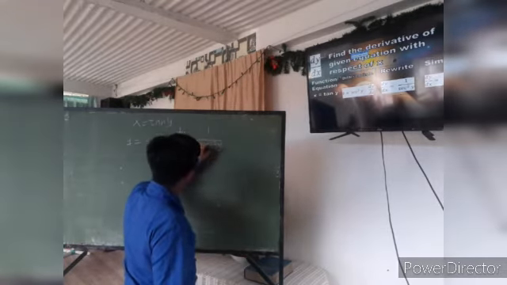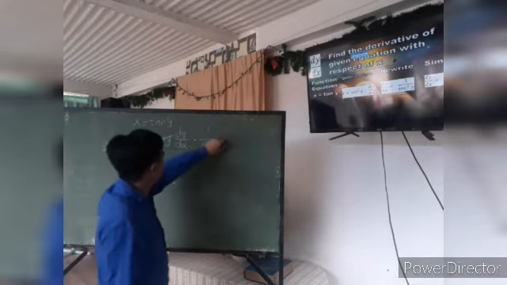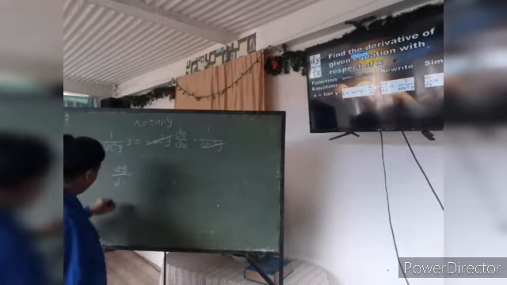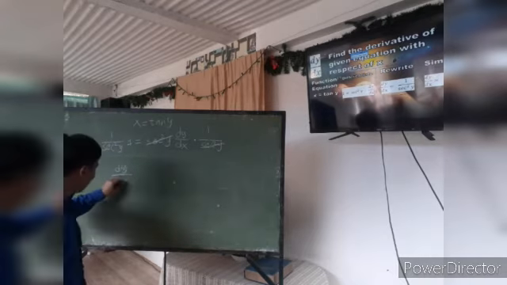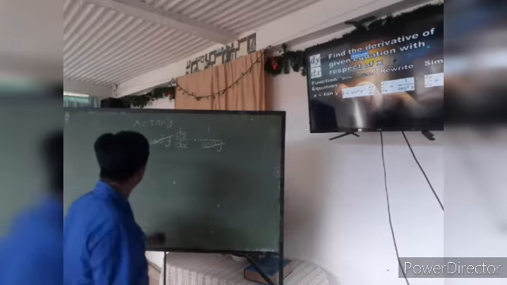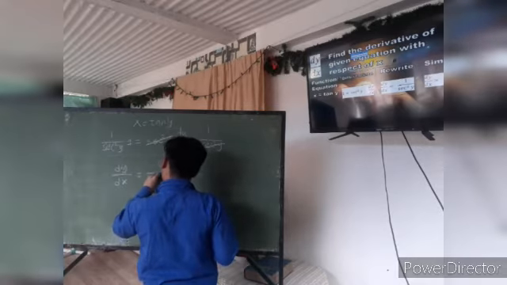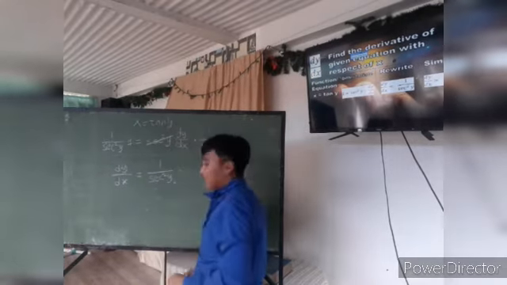Then divide both sides by secant squared of y, then cancellation. We find d of y over d of x, the derivative of the function of y with respect to x. Thus, 1 over secant squared of y.